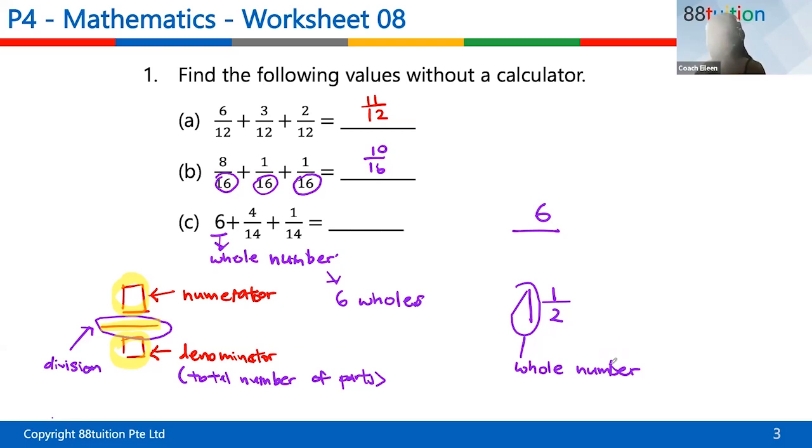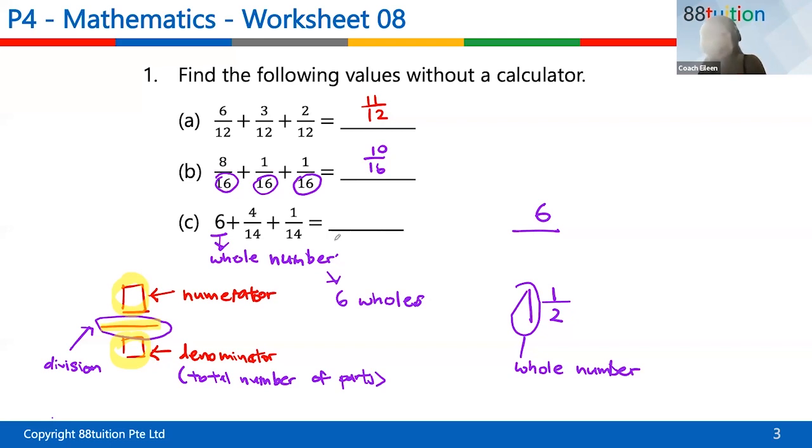So if this 6 is 6 wholes, Ifras, do you want to try one more time? 6 will be just 6 wholes, correct? And then I'll just add up my fractions together. What are my two fractions in this equation? 4 over 14 and 1 over 14, right?